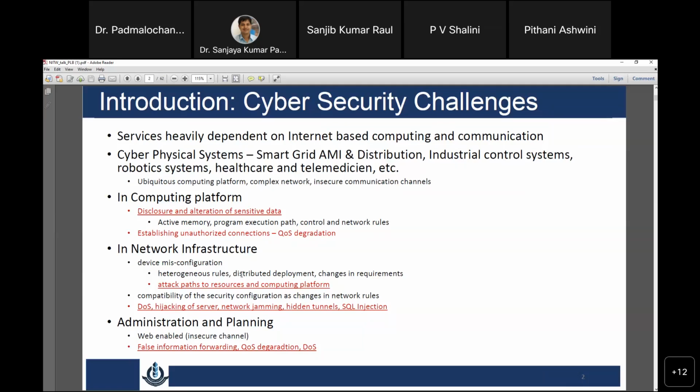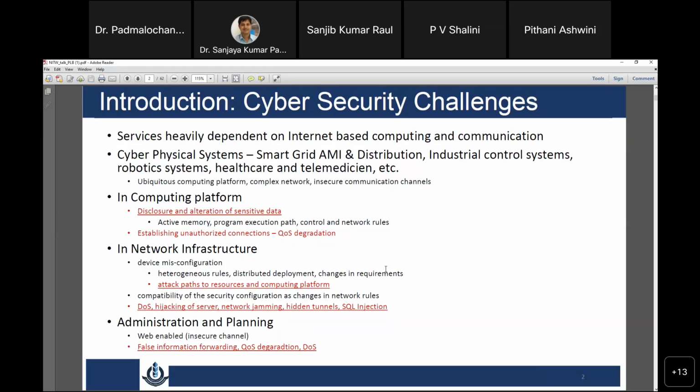Various types of rules can be there, and password mechanisms, all those things have to be configured as an integrated network infrastructure. And the deployment is obviously distributed. It is not that rules are deployed in only one device. Rules are configured in many devices. Altogether, they should satisfy the security requirement.